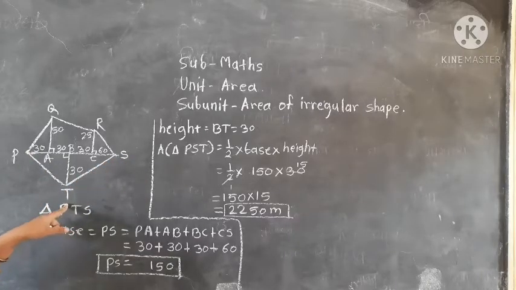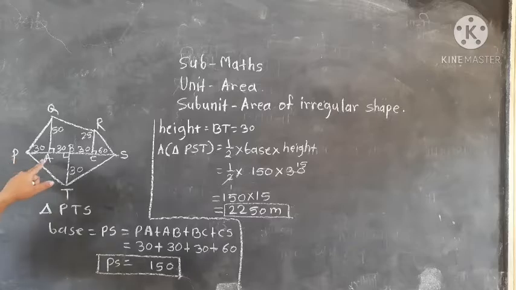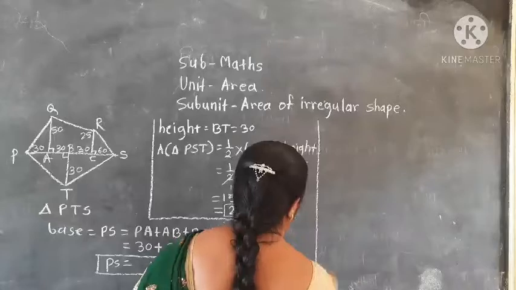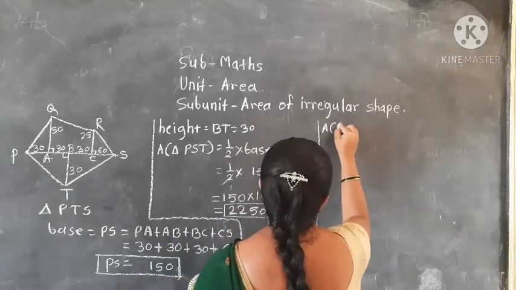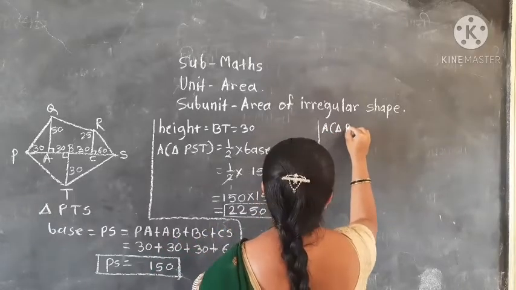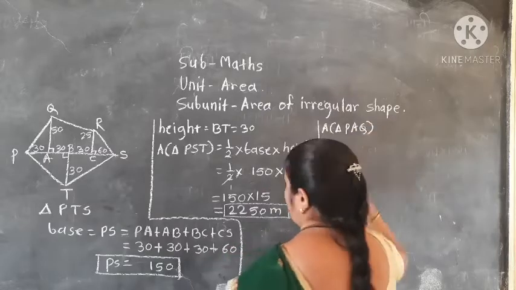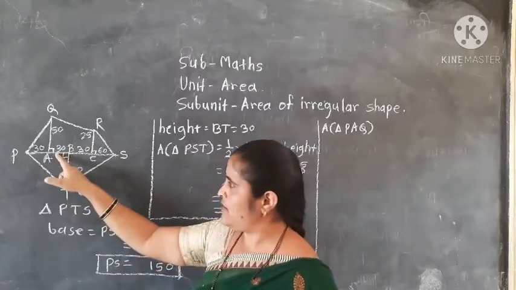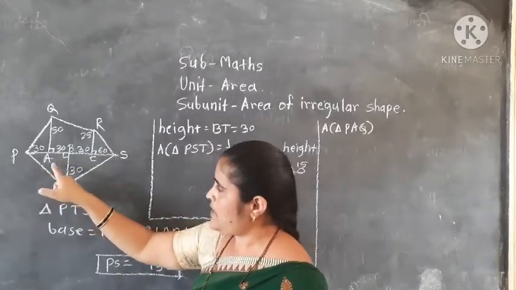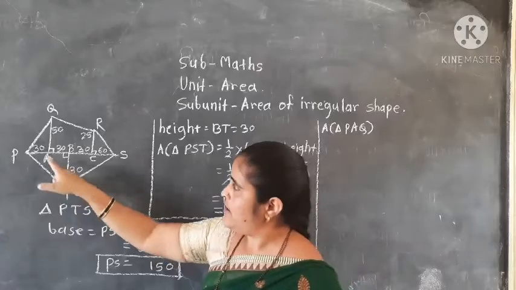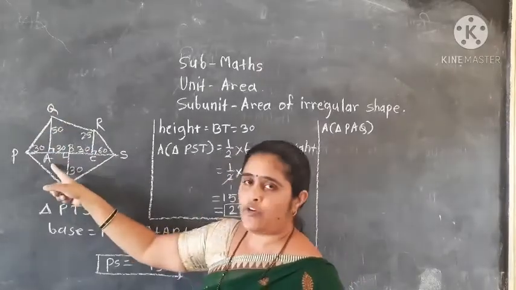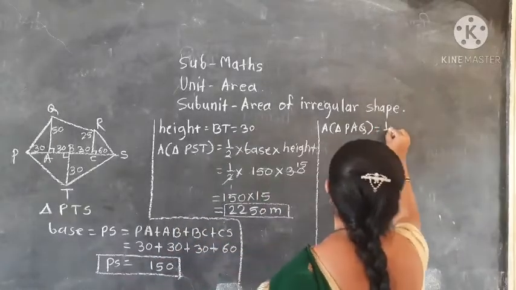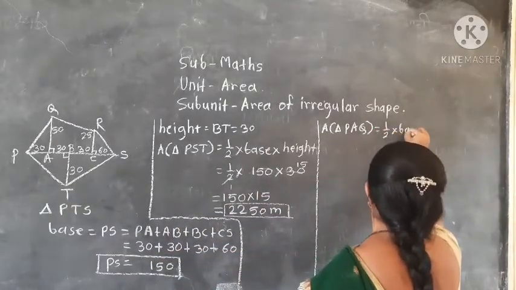Now calculate the area of triangle PAQ. Look at this diagram. PAQ is a right angle triangle. So PA is the base of this triangle and QA is the height of the triangle. Area is equal to 1/2 into base into height.